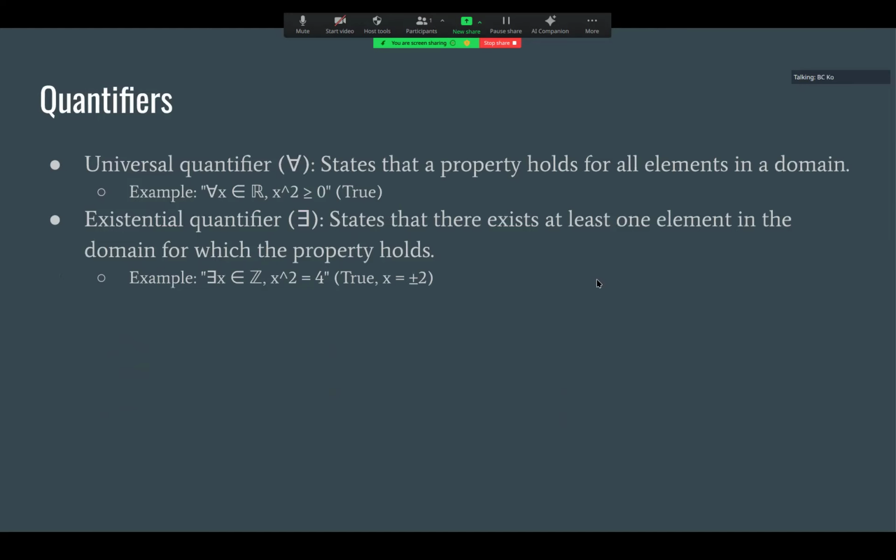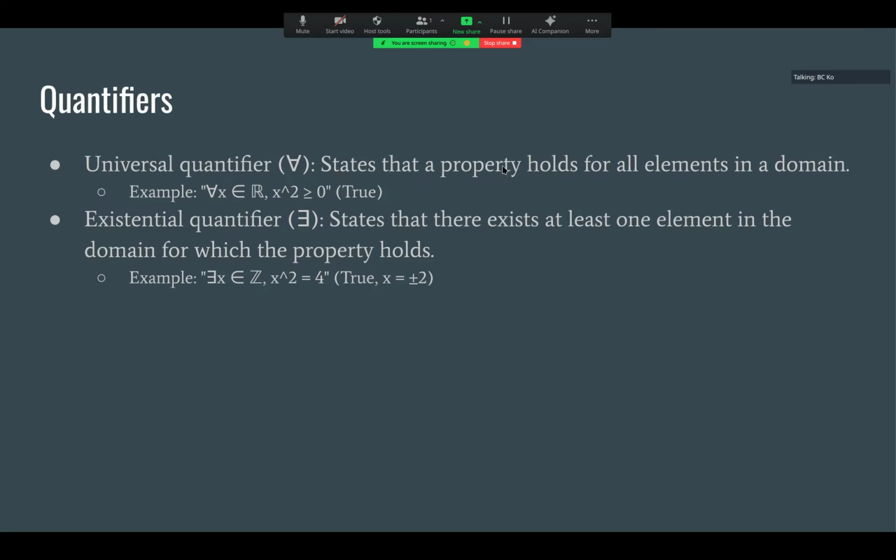Quantifiers. Quantifiers are used to express properties about sets of elements in a domain. There are two main types of quantifiers. The first one is the universal quantifier. The second is the existential quantifier. The universal quantifier states that a property holds for all elements in a domain.